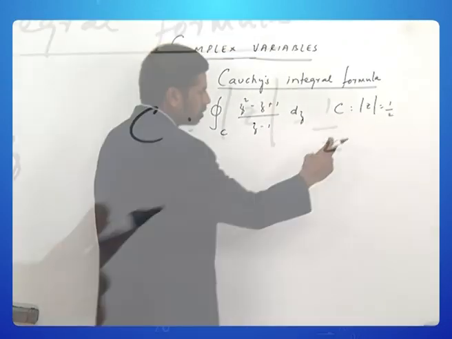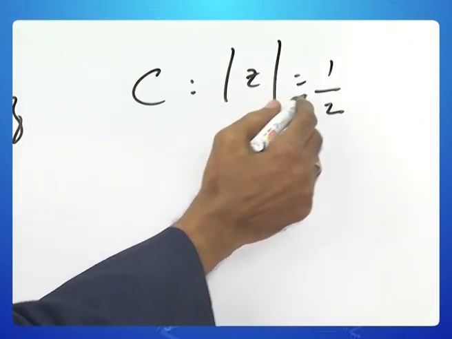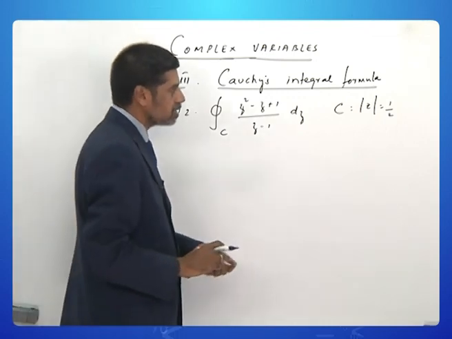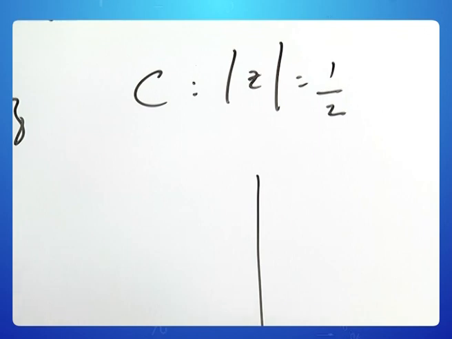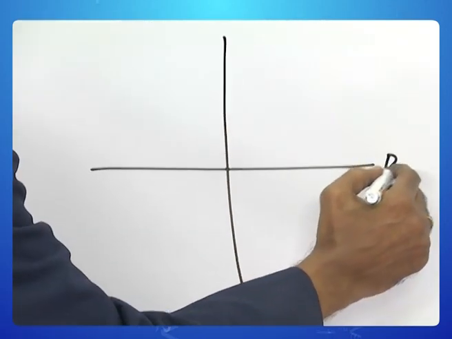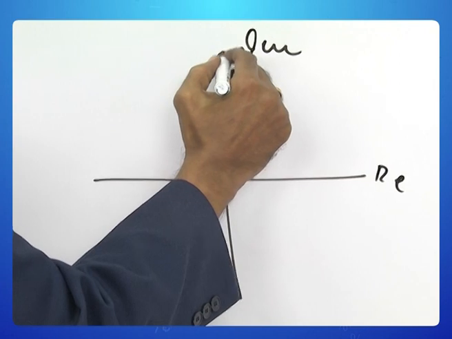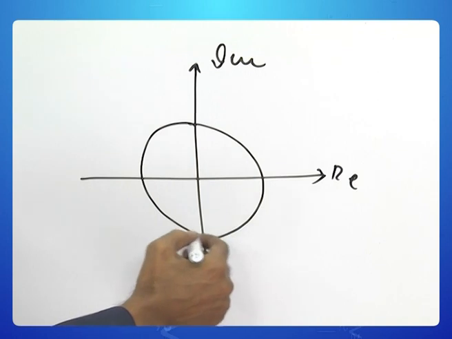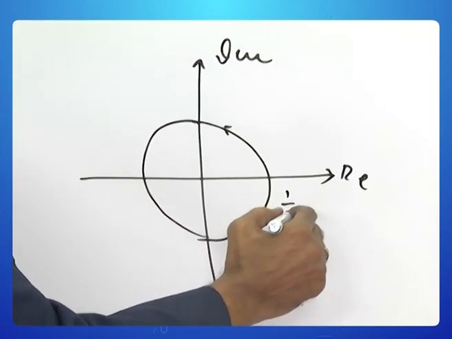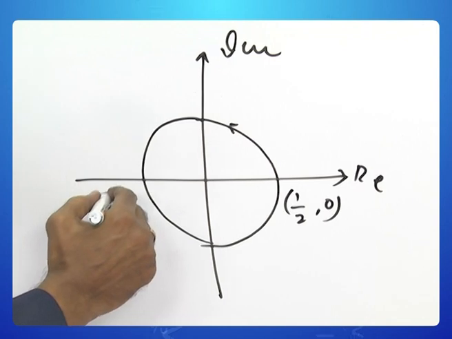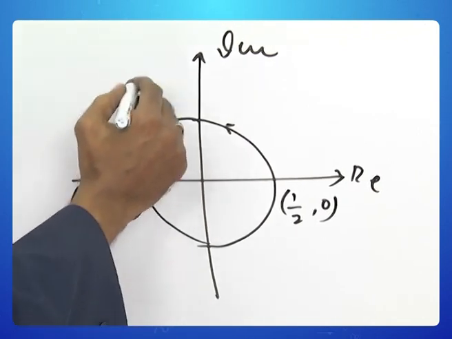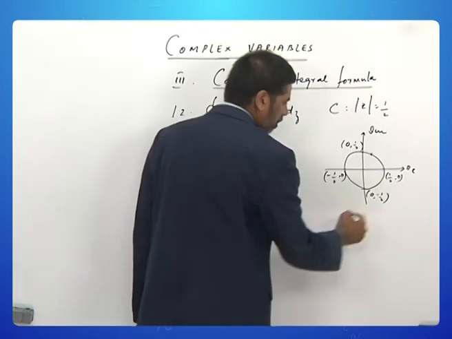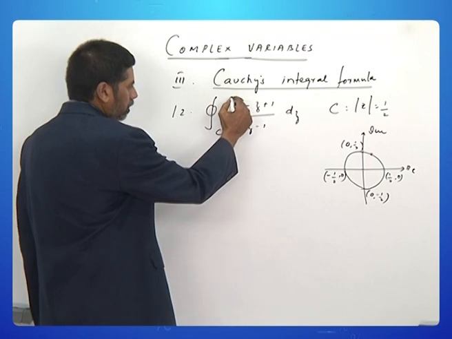Okay, first let us draw this. You must know that mod z is equal to r always represents a circle with center at the origin and radius r. So, we have a circle here, centered at the origin and of radius half. Now, let us look at this problem.